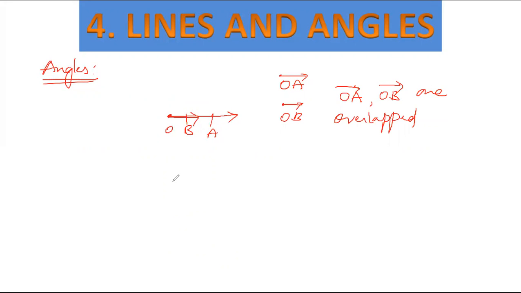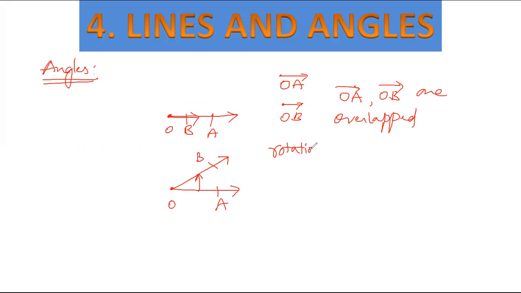If I change the diagram little bit, this is my OA ray, this is my OB ray. Now, what can we observe? There is some angle or some rotation which is done.